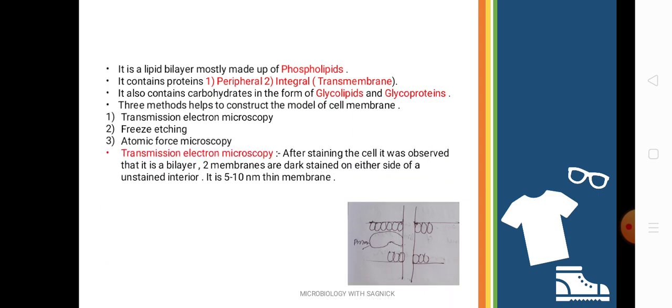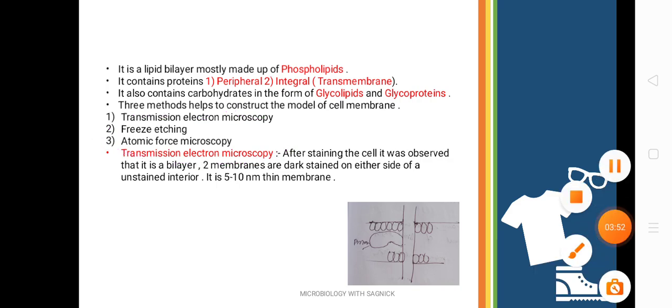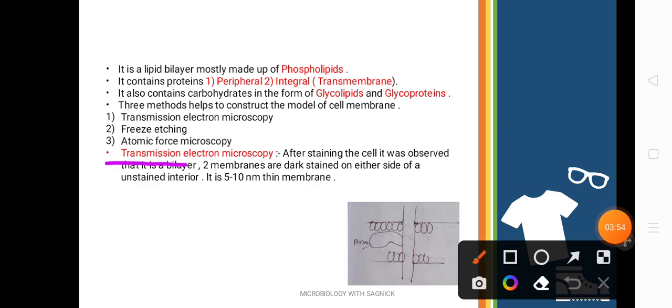You can watch it, because here we will not talk about these techniques in detail. We will just understand the outcomes that help us construct or confirm the Singer-Nicolson model of the cell membrane.